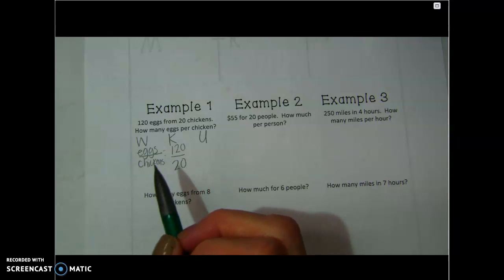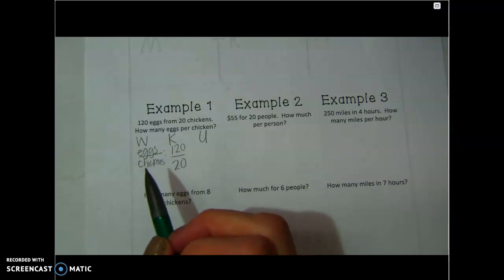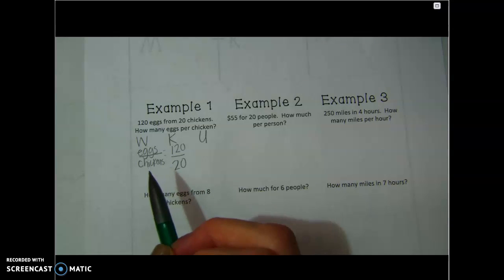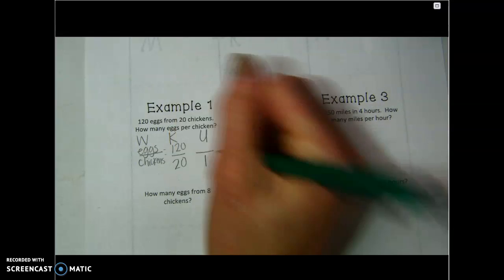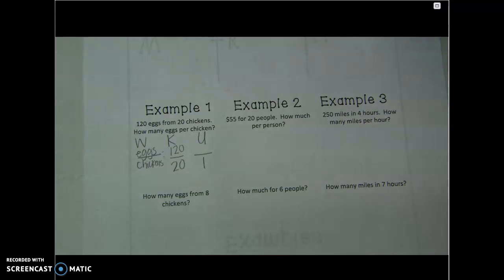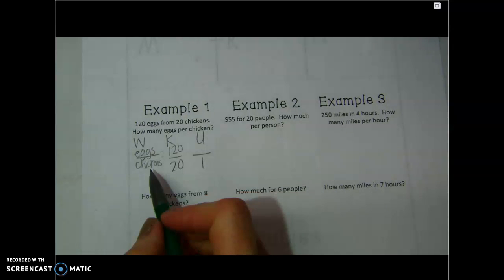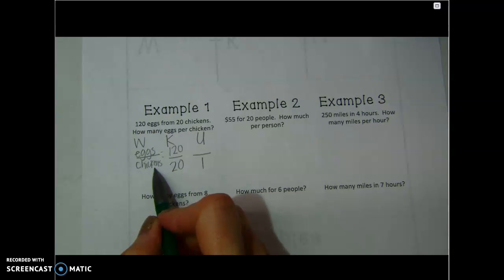So with unit rate, unit means 1. Like, per unit, if I want to know the unit price of something, I want to know what I'm paying per 1 unit. So this whole week, our denominator is going to be a 1 because unit means 1, okay? We want to know how many per 1 chicken, so we're going to put the 1 on the bottom with my chickens.